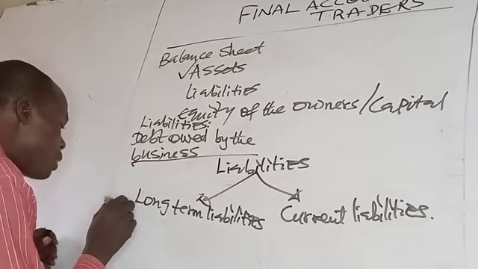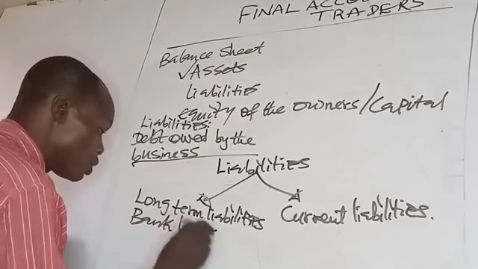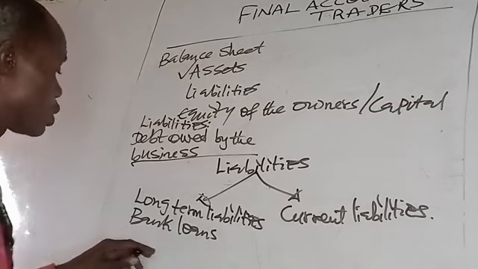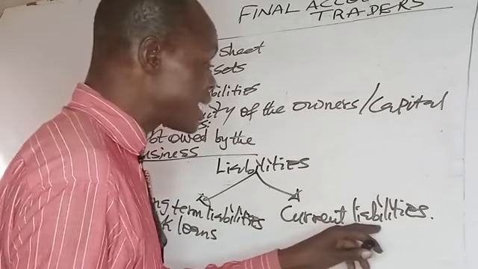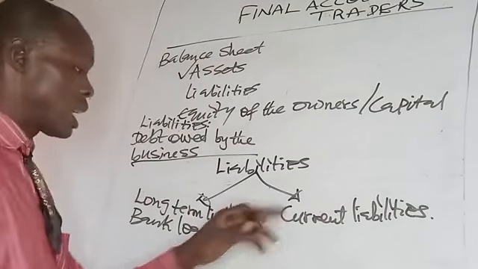An example of long-term liability is bank loans, a common example. Debenture is a debt instrument, but bank loans are long-term liabilities. But those debts that are expected to be repaid within a year are current liabilities.